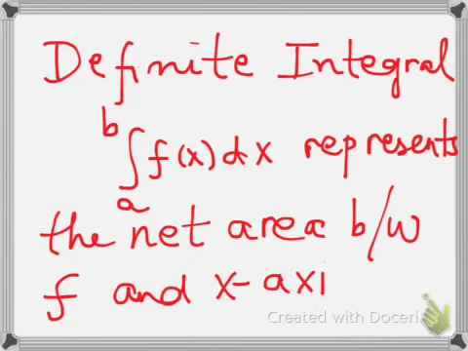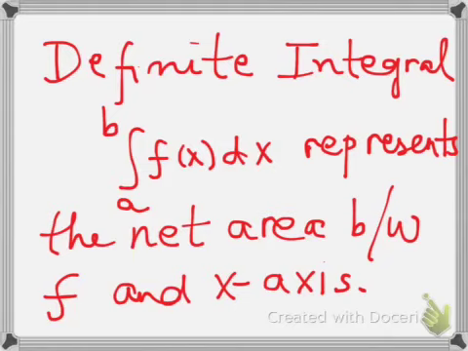It could be positive, it could be 0, it could be negative. Now if a function is just below the x-axis, then it's negative. It could be 0 as we saw in the sine x case, and it could be positive as we saw in the x squared case, right?